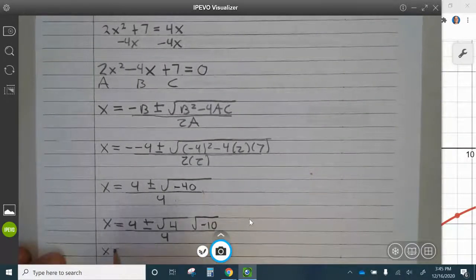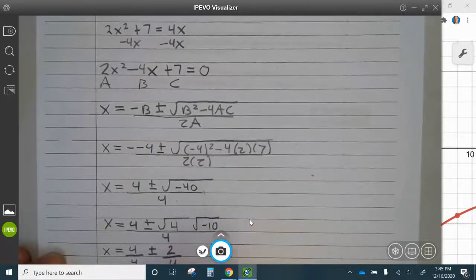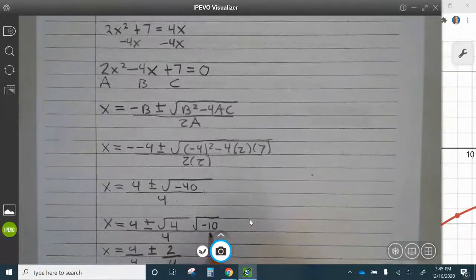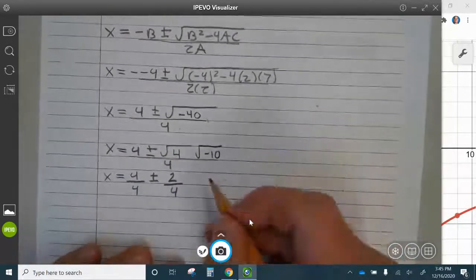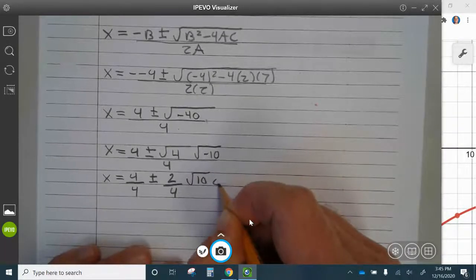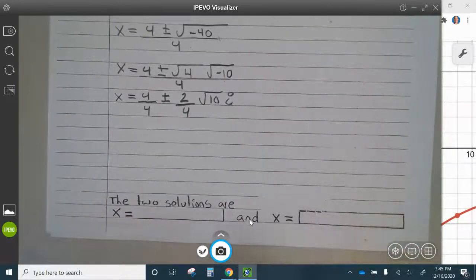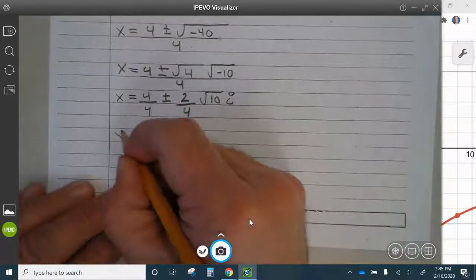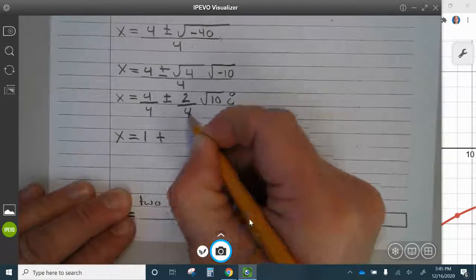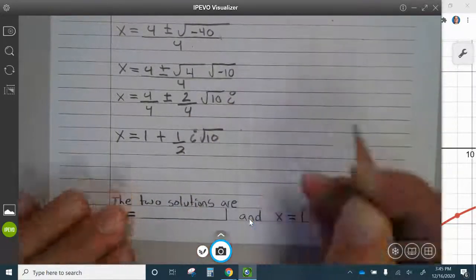So then x equals 4 divided by 4 plus or minus the square root of 4 is 2, fourths times, now the square root of a negative number is imaginary, so that's the square root of 10i. Okay, now 4 divided by 4 reduces to be 1, plus 2/4 is 1/2 i square root of 10.